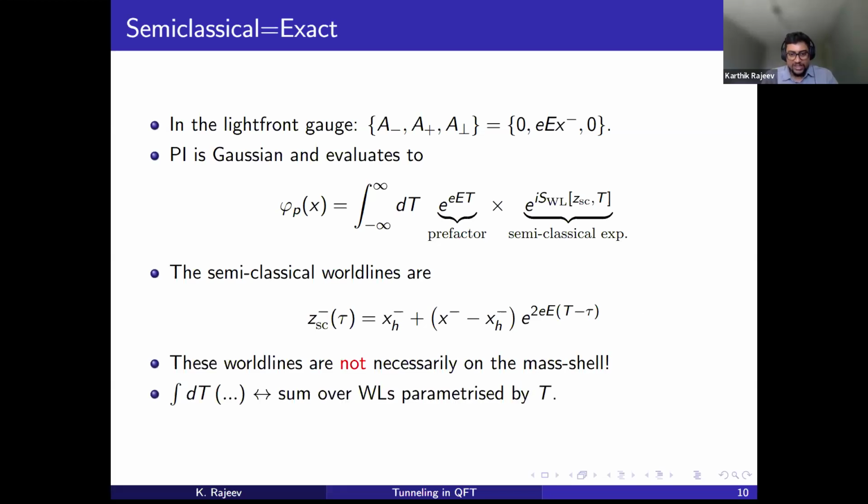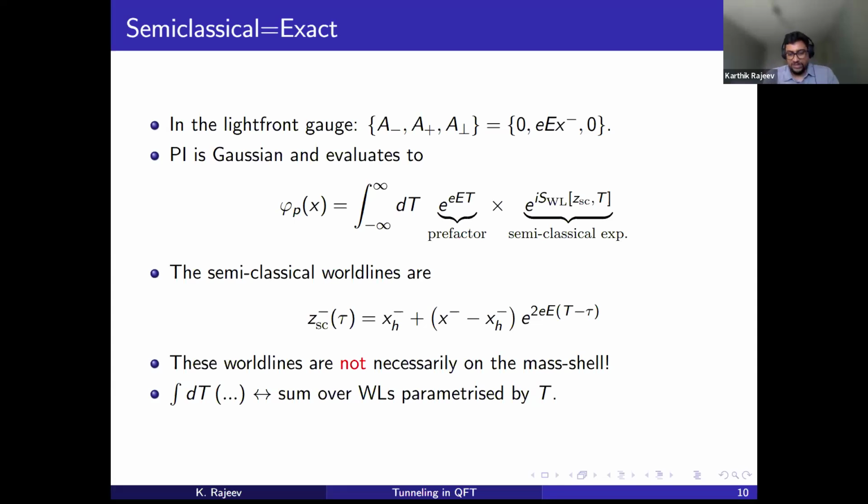Specifically, these solutions can, in principle, be time-like or space-like or anything. Right. And this final expression that you see here as an integral over T is therefore interpreted as a sum over several worldlines, and these worldlines can be space-like and time-like and so on.